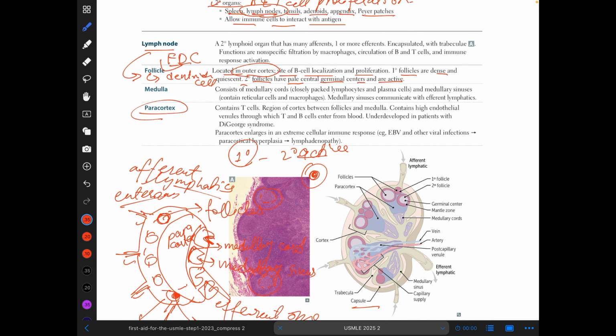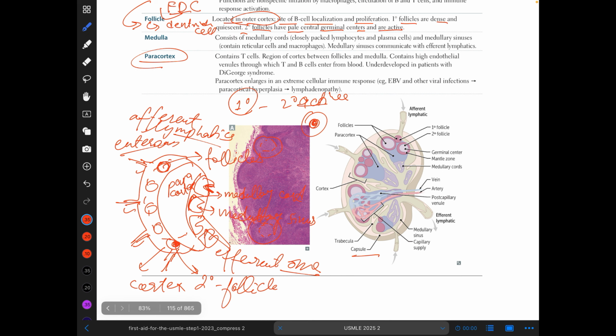Second, now we have to go to the paracortex. If you notice, the cortex has the follicles, and if we move inside, then it will be the paracortex. In the paracortex, there will be T cells. It is a region between the follicle and medulla, and contains high endothelial venules through which the T and B cells enter from the blood.